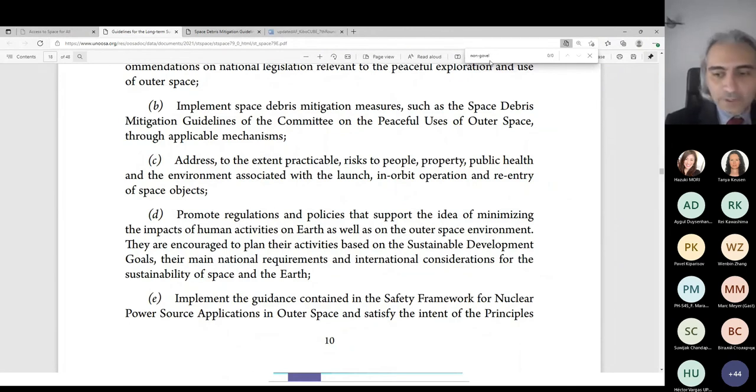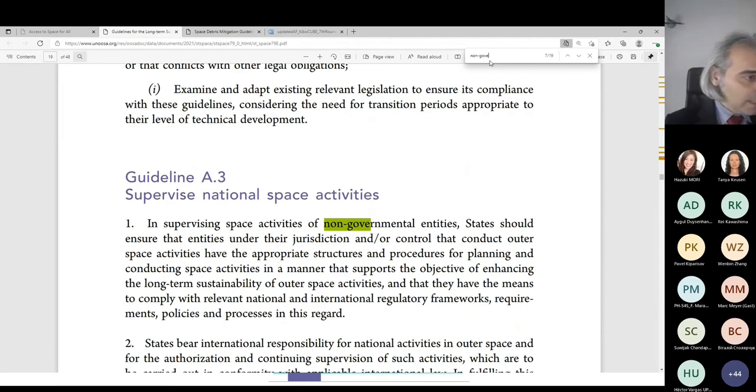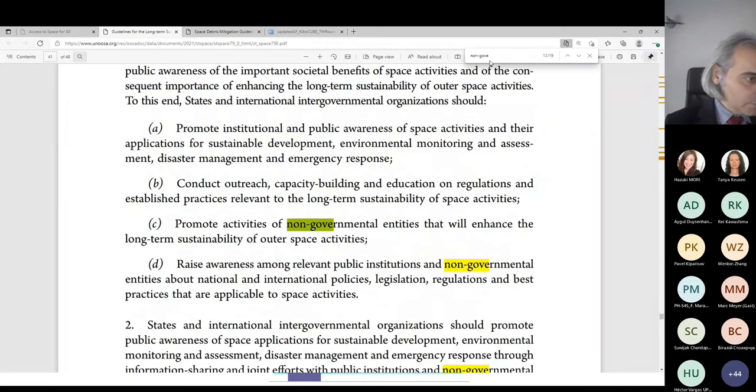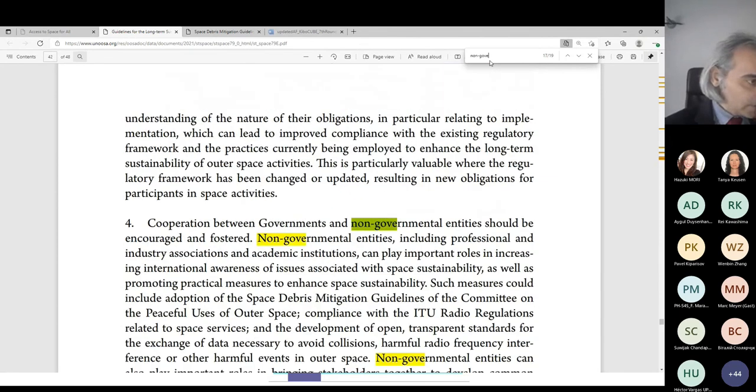Missing an N there. Sorry for that. C2. You see, there are references all over the place concerning non-governmental entities. Some of those activities are to be encouraged by national governments, but there are others that are not.